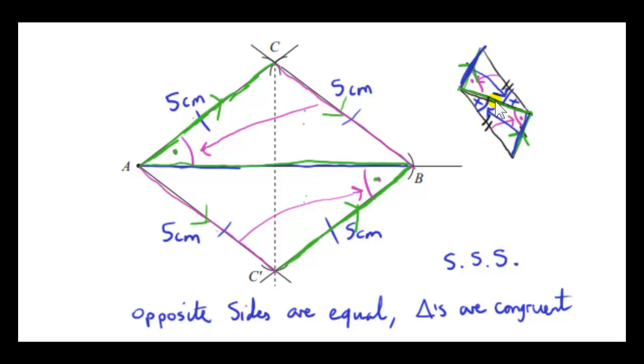They're equal in congruent triangles. So we formed a pair of z angles. So this line must be parallel to this line. So we've proven that if opposite sides are equal in a quadrilateral, then the quadrilateral is a parallelogram.